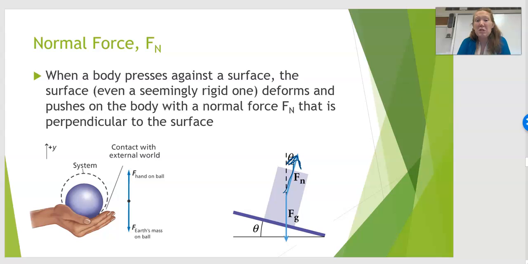We can even talk about the normal force coming from a wall if something is pushing up against the wall, and then it's definitely not an upward force anymore. It's an outward force. So in this case, normal is used in the sense that it is, I think, in your math class, where normal means perpendicular.